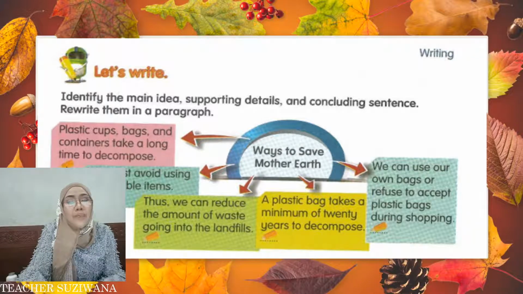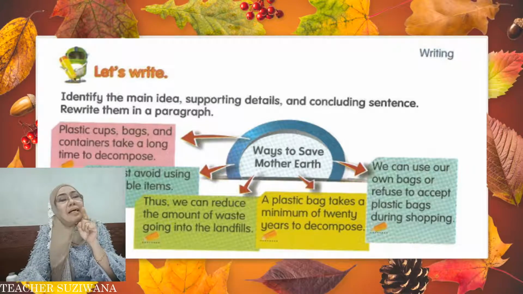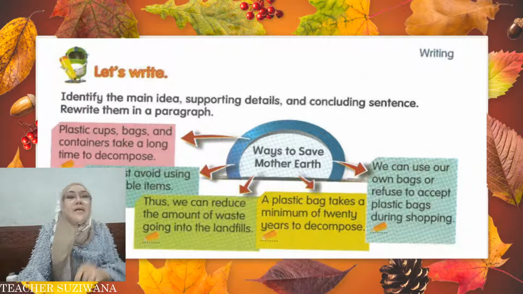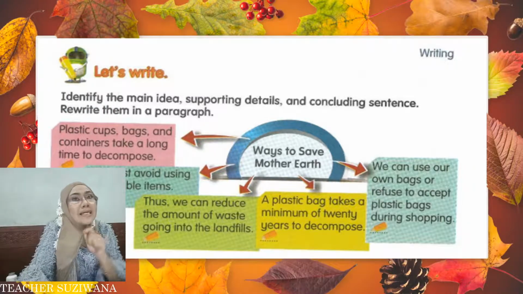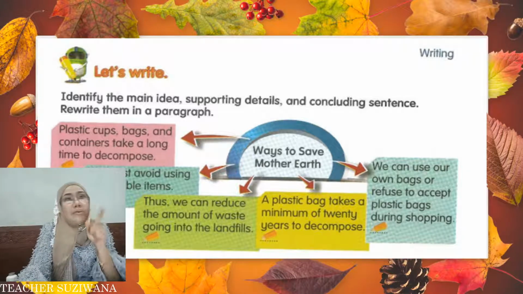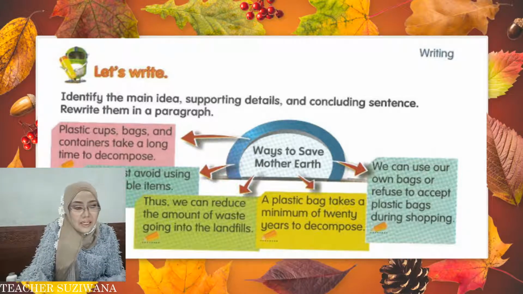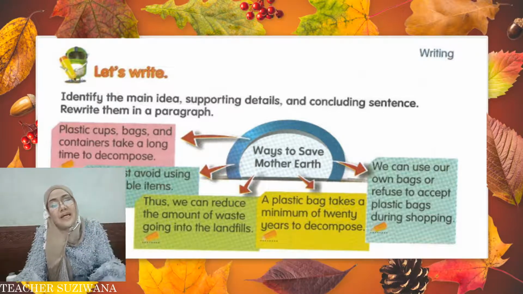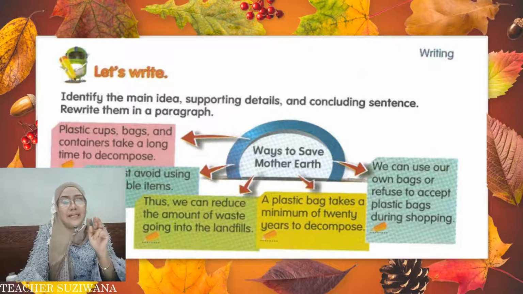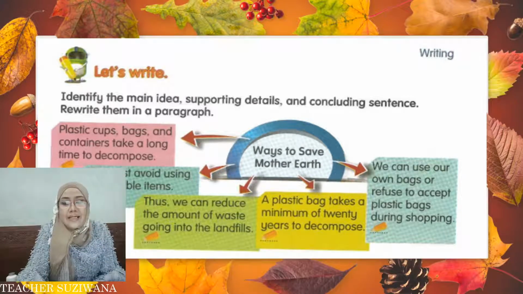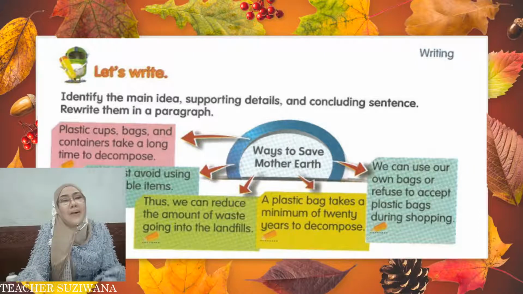The pencil, you put MI. We have learned in class before this. Main idea, MI. Supporting details, SD. And concluding, CL. Here you have to identify the main idea, the supporting details, and the concluding sentence. Then rewrite them in a paragraph.